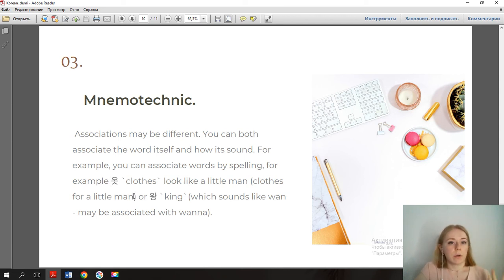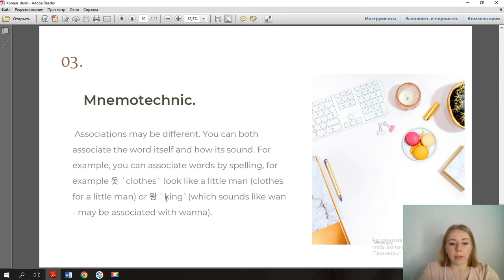The little man will associate with the form, how it looks, and you will remember that clothes is the translation of this word. Or for example, one: it's skin. One, how it sounds.